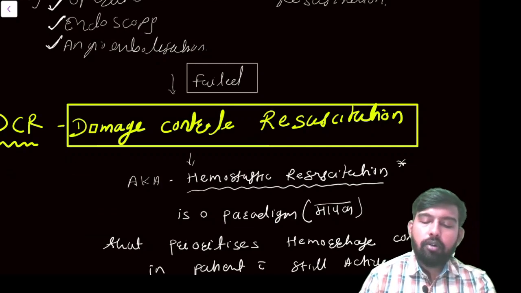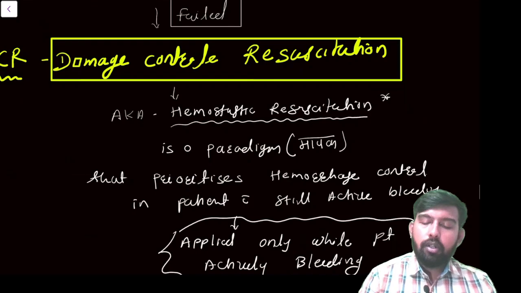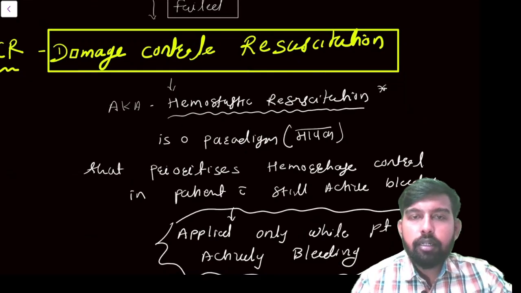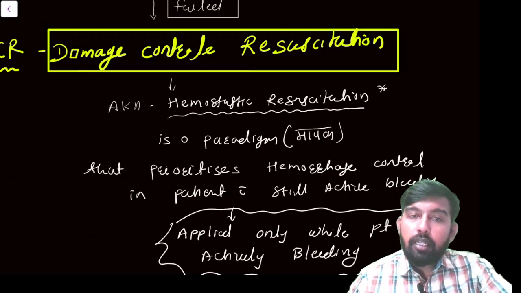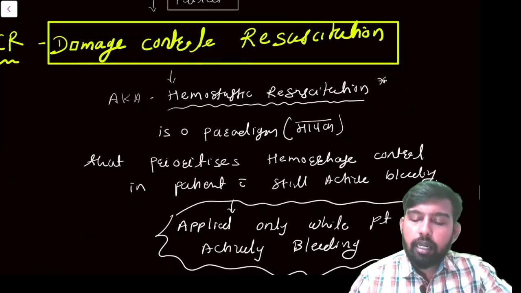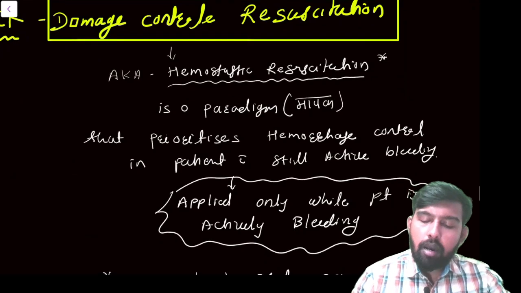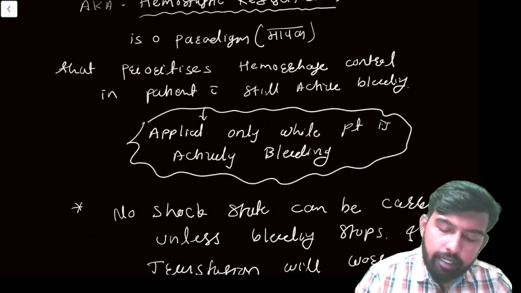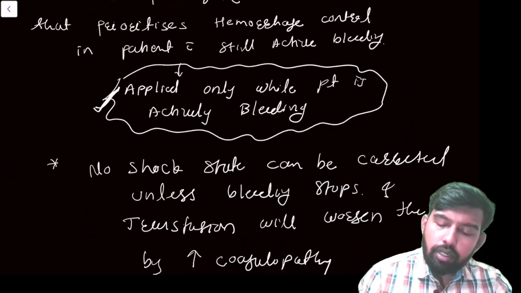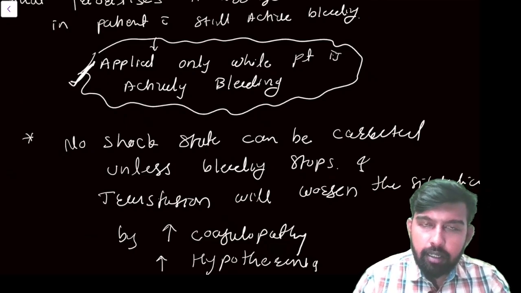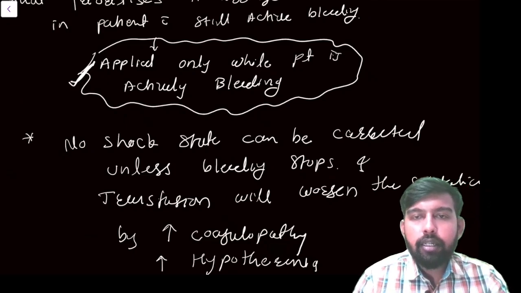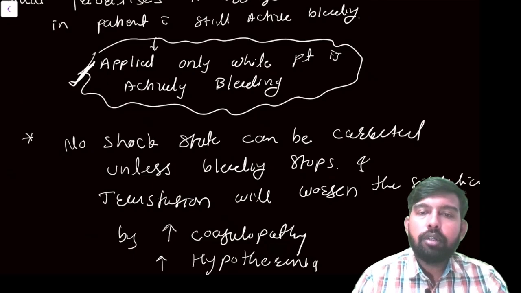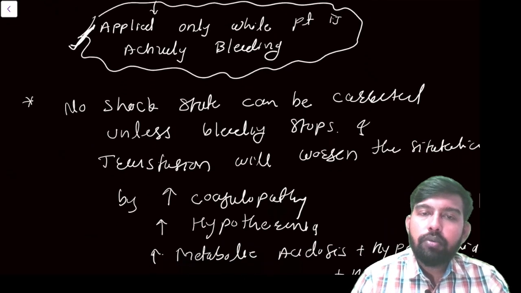Damage control resuscitation is also known as hemostatic resuscitation. It is a type of resuscitation which is applied only when the patient is actively bleeding. No shock state can be corrected until the bleeding stops, and transfusion will worsen the situation.